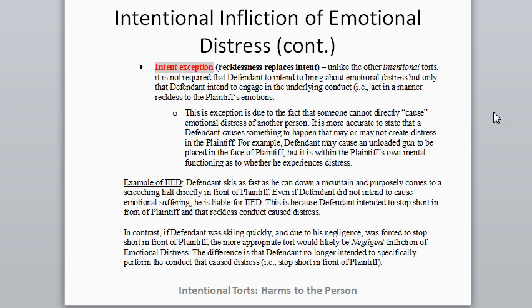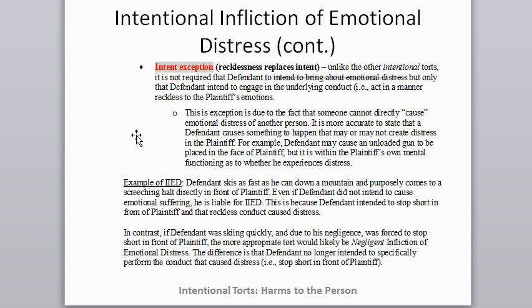Now, the way the law handles that is by asking, was the defendant reckless in their conduct? Reckless meaning they did something that might have brought about emotional distress. An example I'll discuss is this: imagine someone skiing down a mountain.